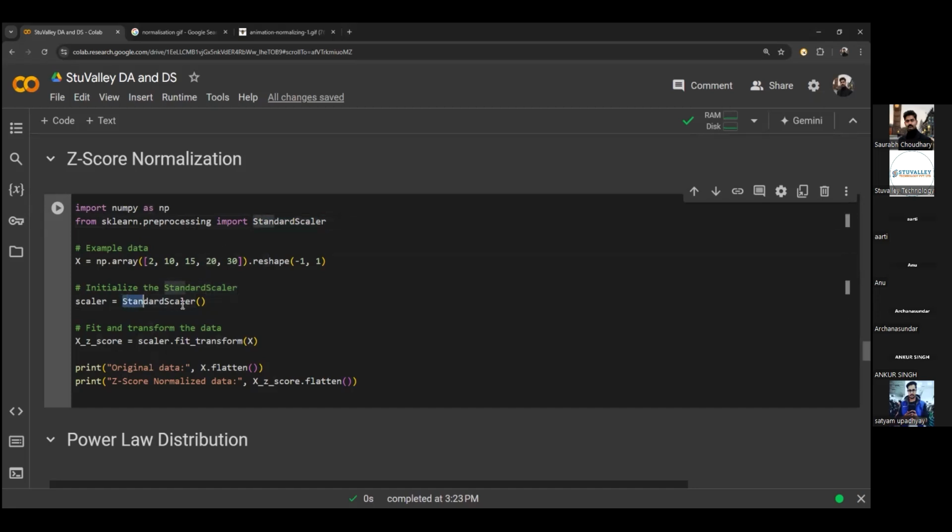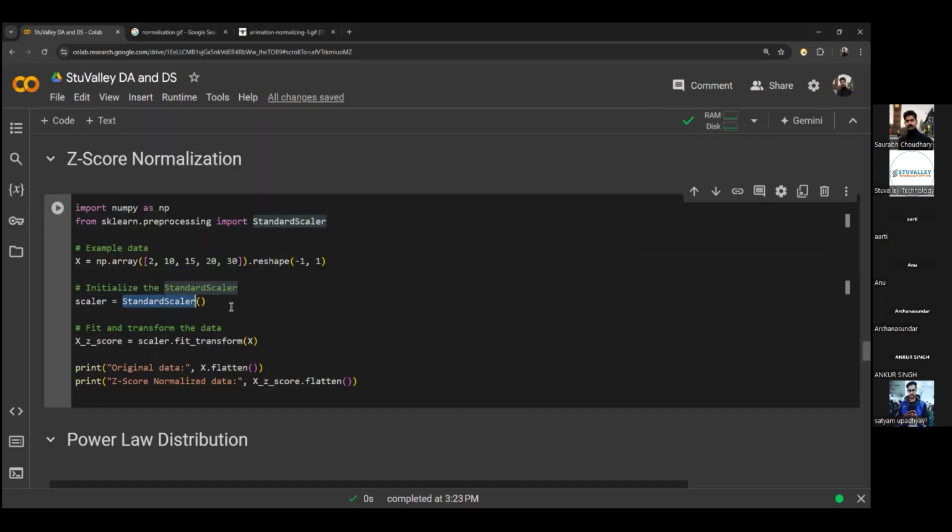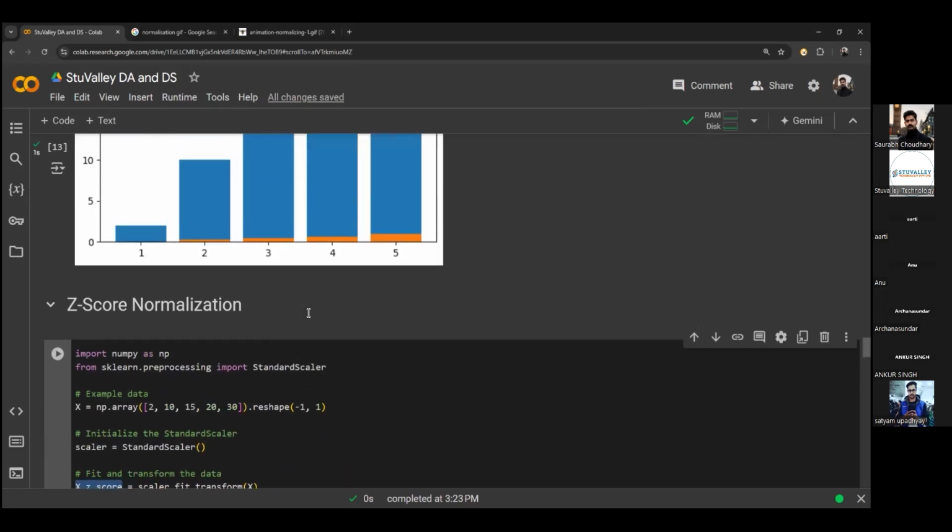The StandardScaler object is instantiated here, like, sorry, we made an instance of this, instantiation, and here we are giving our data to fit, which will give us X Z-score. Okay, so this is your flatten way. Okay, let me put this also.